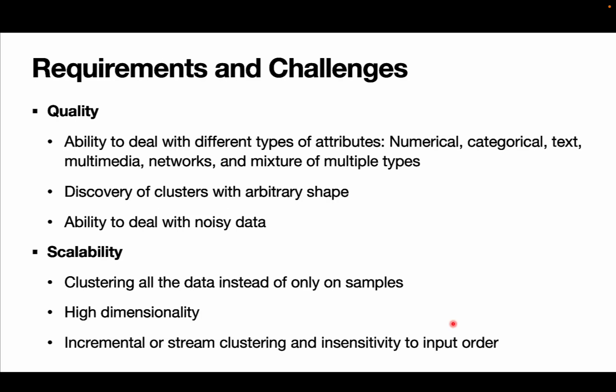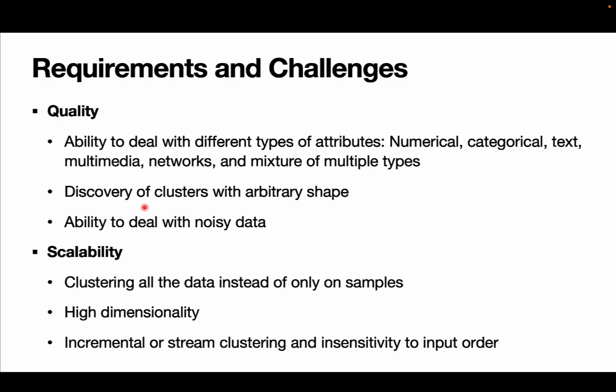For clustering challenges, the most important one is quality. We need to consider whether our method can handle different types of attributes such as numerical, categorical, text, multimedia, network, or even a mixture of these types.